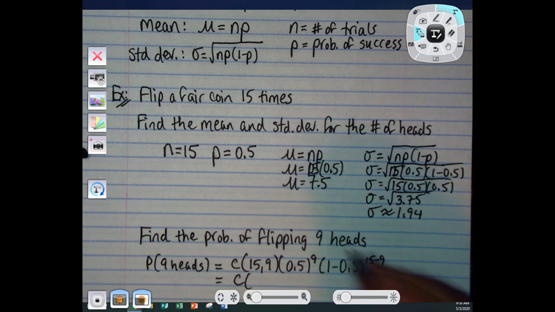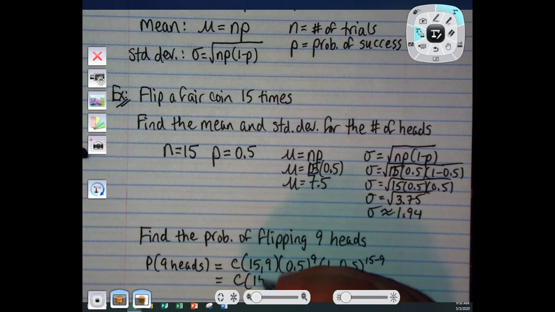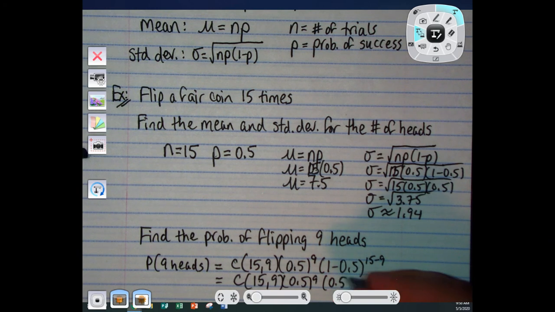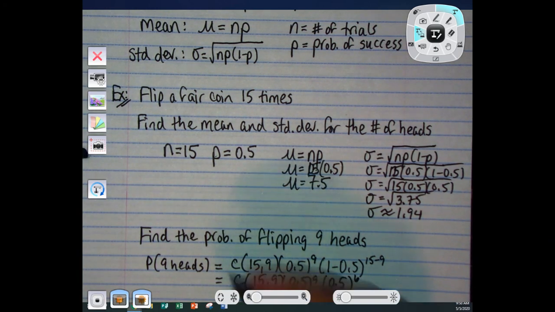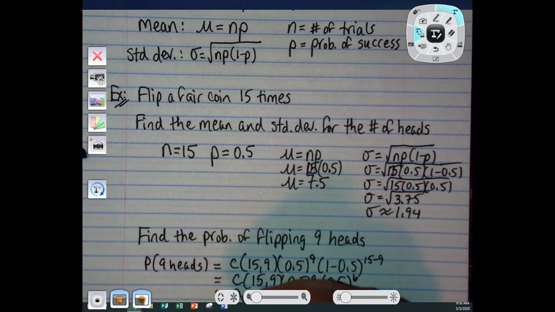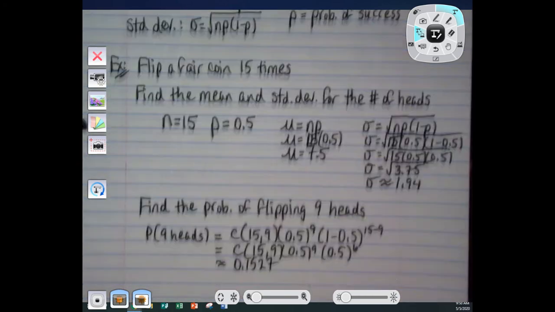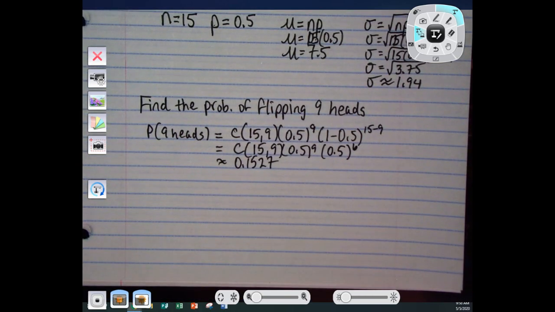So that'd be the combination of 15 choose 9 times 0.5 to the 9th power times 0.5 to the 6th power. So when we punch that into our calculator, we get 0.1527. So the probability of flipping heads 9 times in this given situation would be 0.1527. Okay.